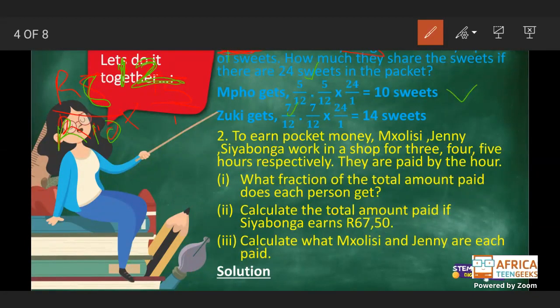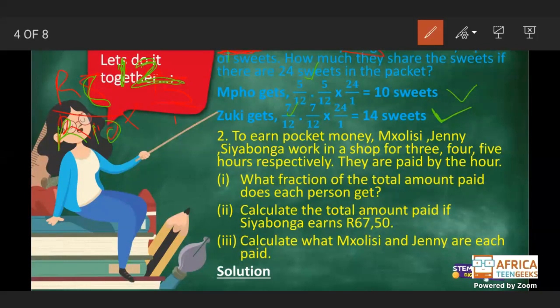Zuki's fraction is 7 over 12 multiplied by 24 over 1. She will get 14 sweets, right? I hope this makes sense, guys. It's the ratio of people sharing, like problem solving for people sharing the sweets or the money, right?